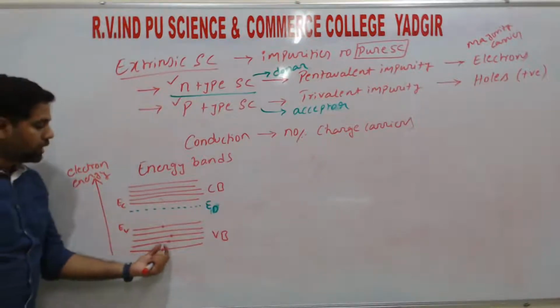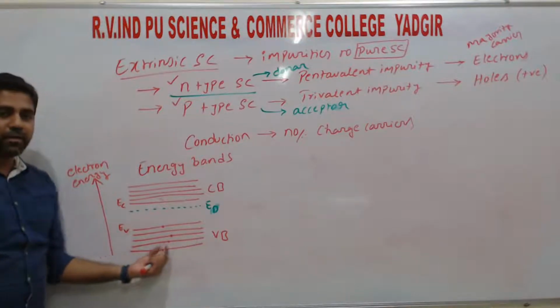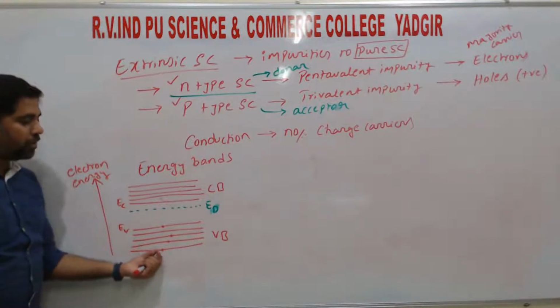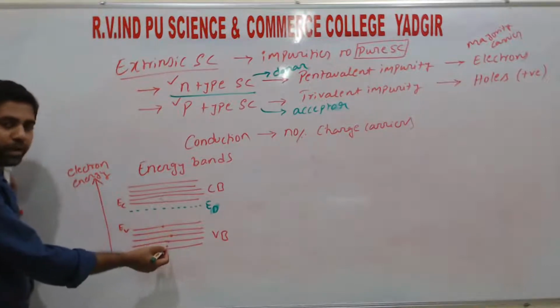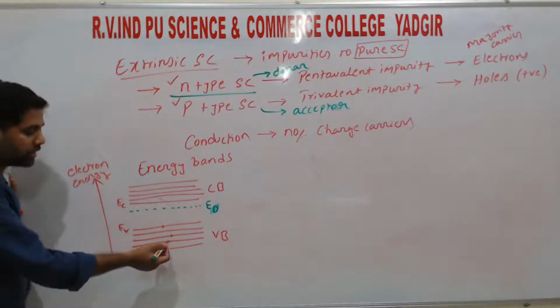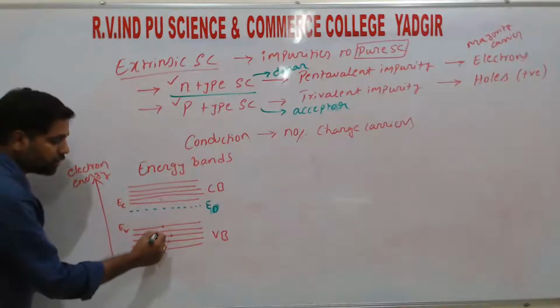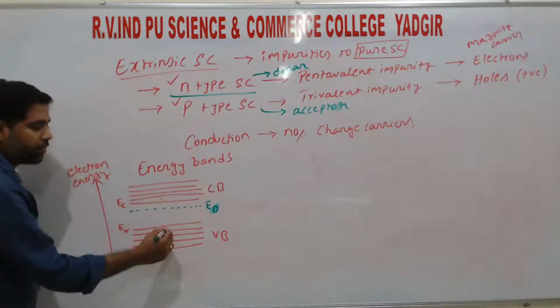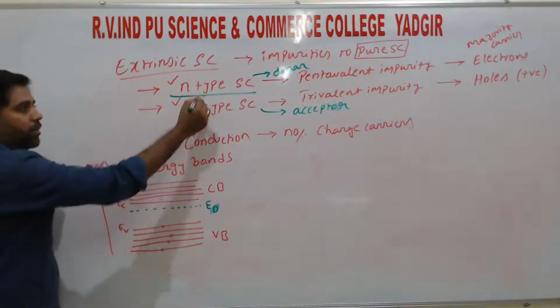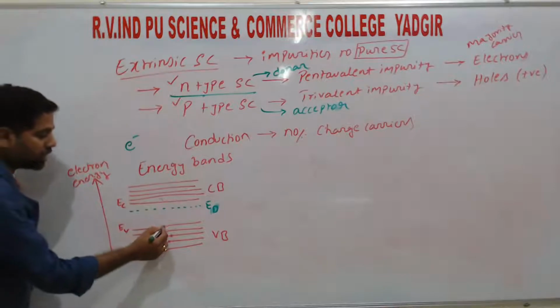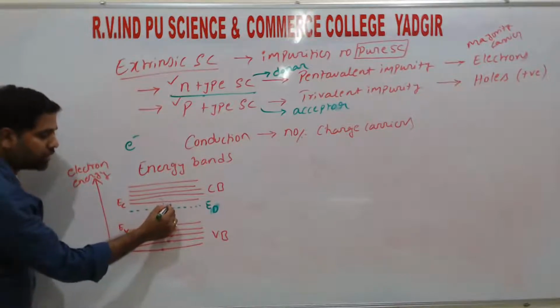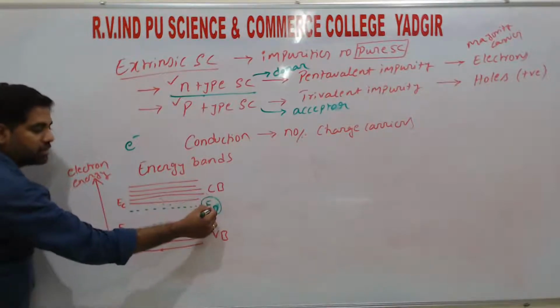As we know, in the valence band the electrons are completely filled at room temperature or at very low temperature. In N-type semiconductor we have an excess number of electrons, so these electrons accumulate in the donor band.